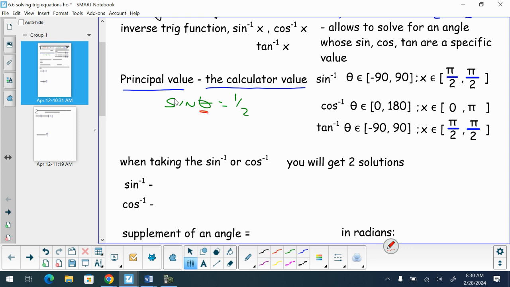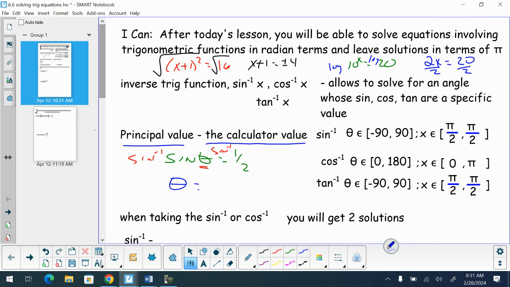Well, as we just talked about up here, to undo the sine, we can inverse sine both sides. The inverse sine and the sine get rid of each other. Just like when we have multiplication by 2, we can divide by 2. It gets rid of that multiplication by 2. Or when I have a square, I can square root. Or if I have 10 to the x, I can take the log of both sides. Or we can take the inverse sine that gets rid of the sine.